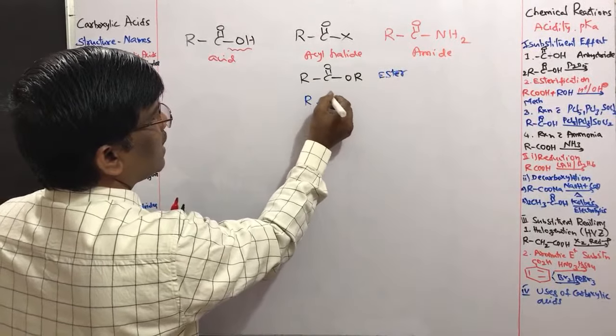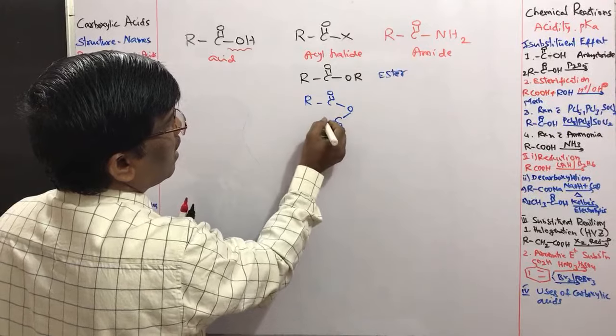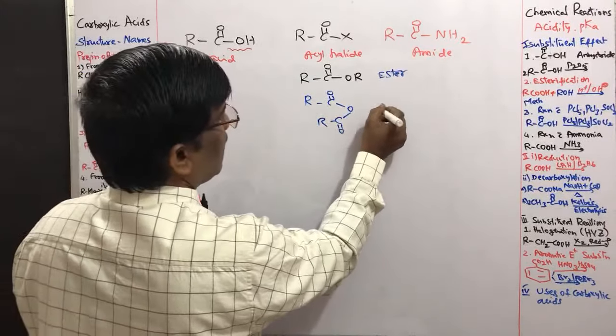And if it is substituted with another acyl group, then it is known as an anhydride.